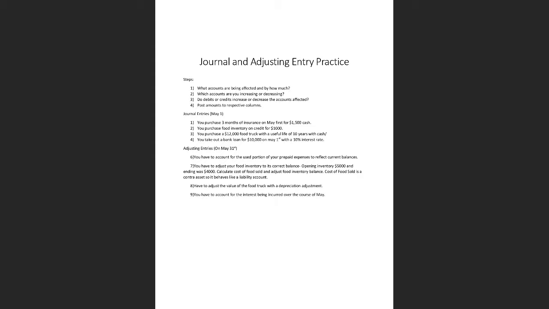So everyone open that up. Put a thumbs up in the chat when you've got it open and ready to go. Kinsada, just go to this week's learning materials and open up the file called Adjusting Entries and Trial Balance Worksheet.